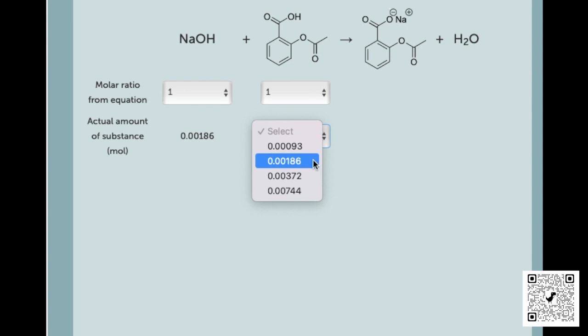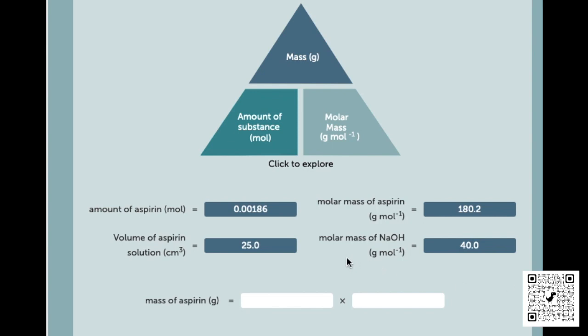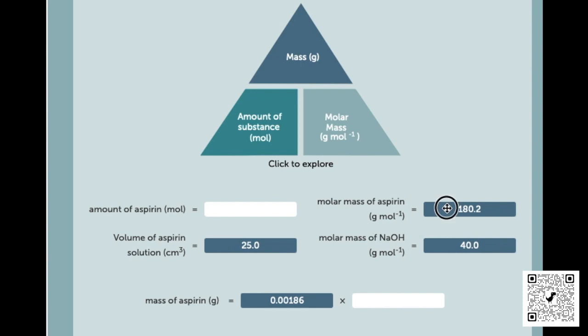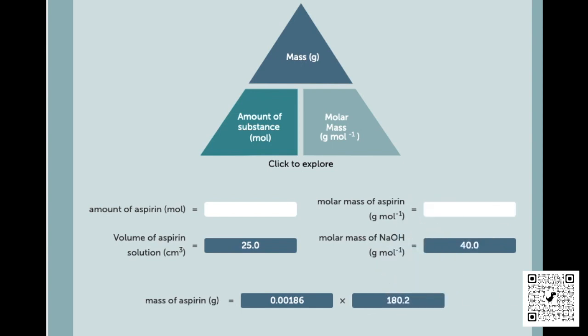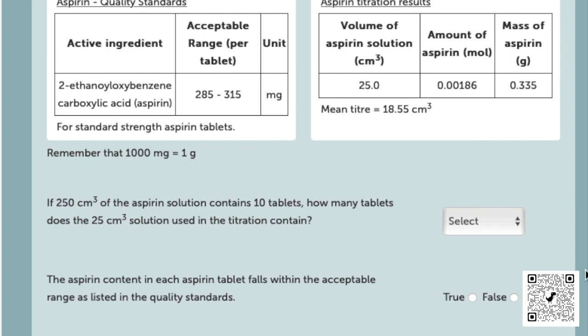That's why the actual amount of substance of aspirin is equal to that of NaOH. As the amount of aspirin is known, you can calculate the mass of aspirin by multiplying by the molar mass. So, next the number of tablets in your sample under investigation is 1.